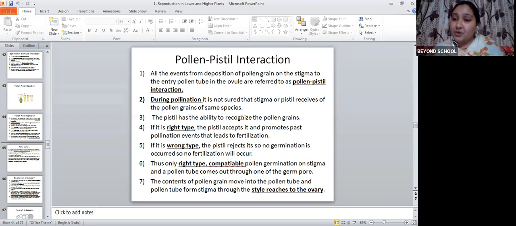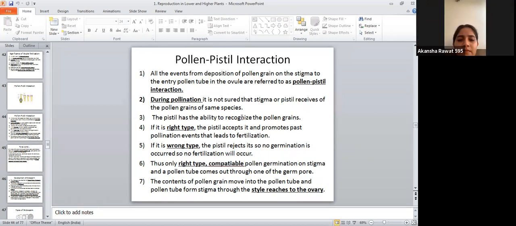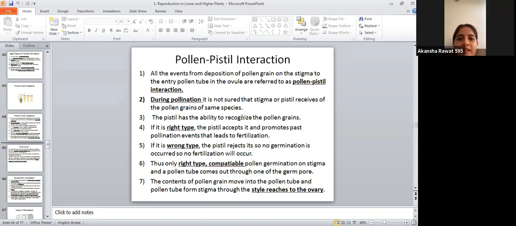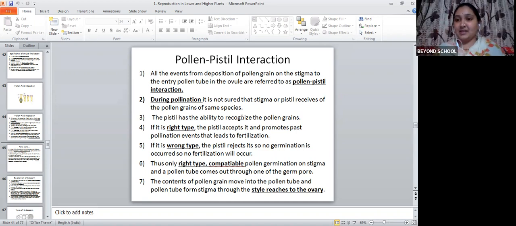Now what will happen? The content of the pollen grain is going to move via the pollen tube. This pollen tube is present from the stigma through the style to the ovary. The pollen grain has absorbed the nourishment and has swelled.